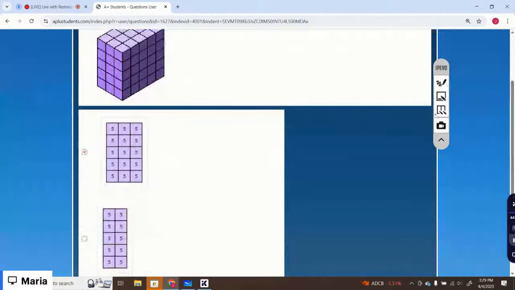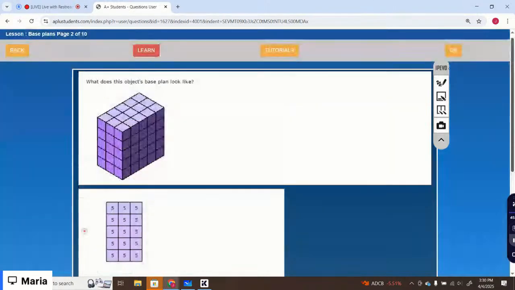So the objects based plan is option number 1, 1, 2, 3 blocks, 1, 2, 3, 4, 5 blocks, and each one has 5 blocks. So option 1 is the correct option.